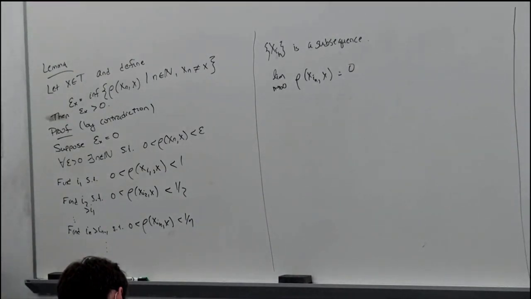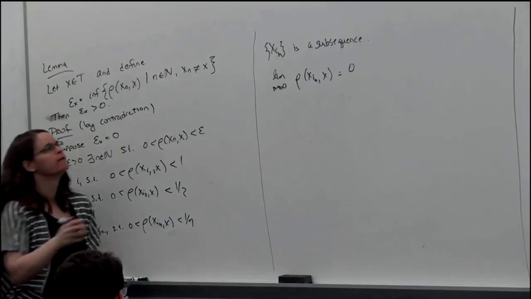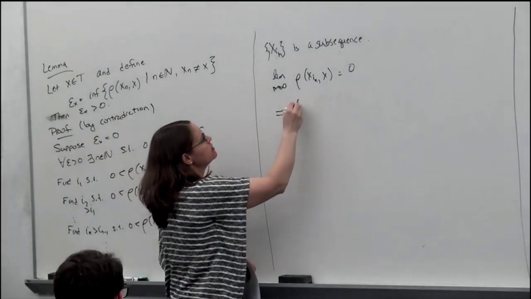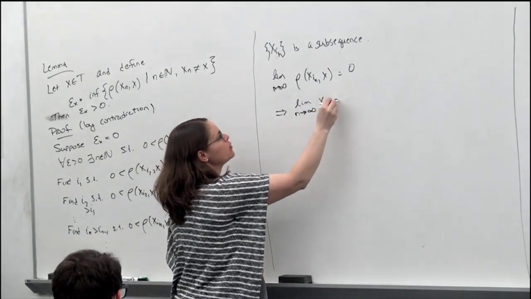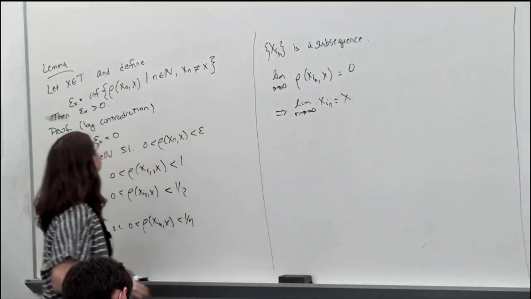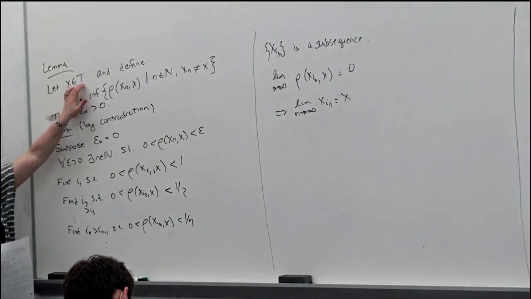And that's how we define convergence in a metric space. So we have indeed that the limit as n goes to infinity of x_(i_n) equals x, which is a point in our metric space.